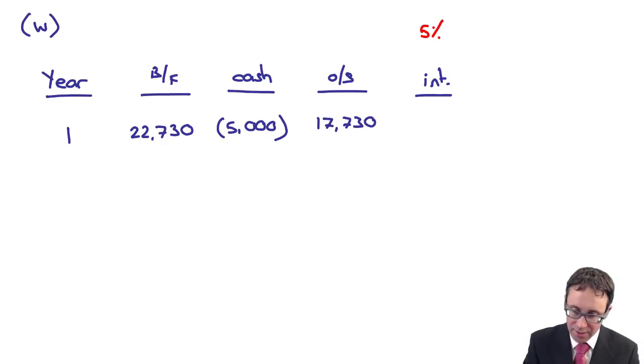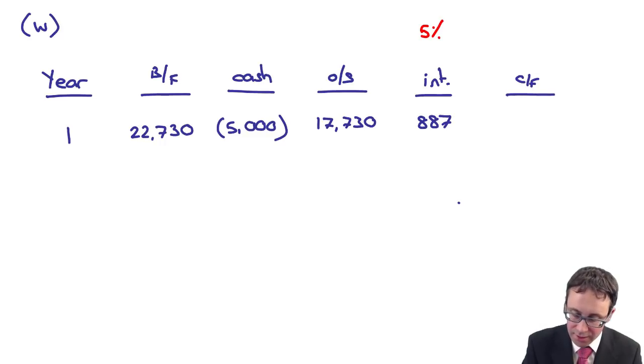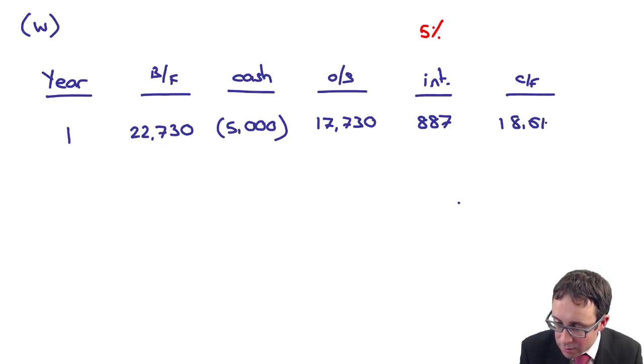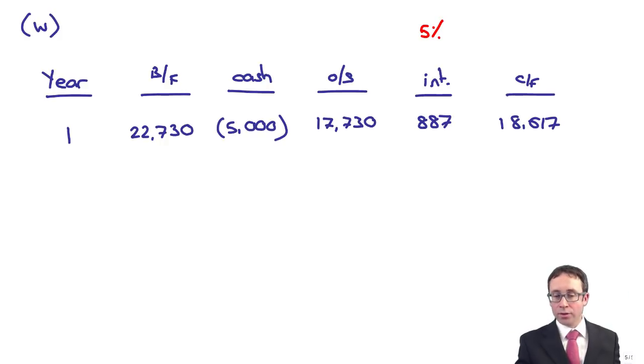If you tap 17,730 times 5%, that gives me 887, giving me a carry forward figure of 17,730 plus 887, which is 18,617. Okay, excellent.